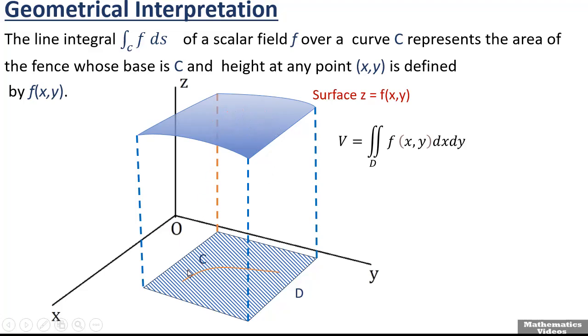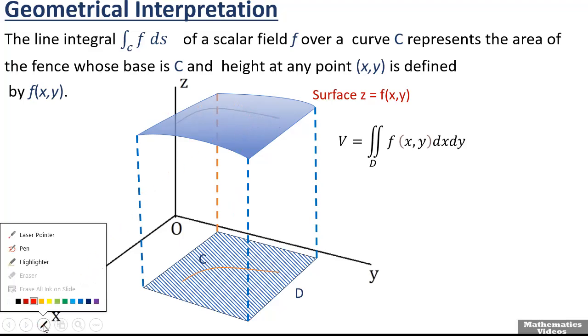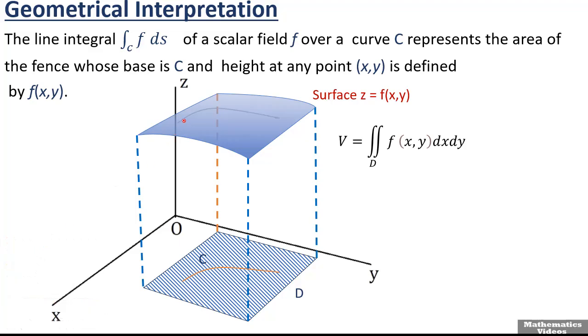So it means that the image of this curve is definitely a curve lying in the surface, which is this one. Let me make it bold so that it will be more visible for you. This is the image of the curve under the function f.